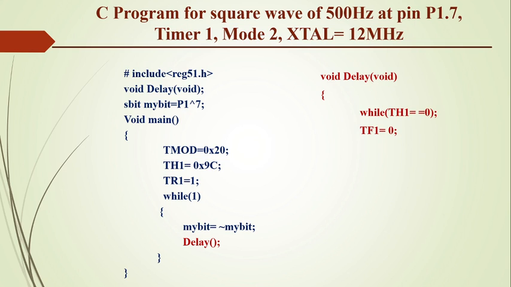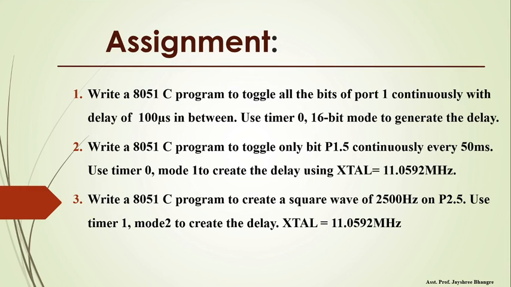Here it must be TF1; by mistake I have written TH1, so it must be TF1. So when it is 0, we have to keep monitoring, and when this condition becomes unsatisfied, that means when TF1 becomes 1, we have to clear that flag, and again mybit is complemented, and in this way the square wave of 5 kilohertz is generated at P1.7.